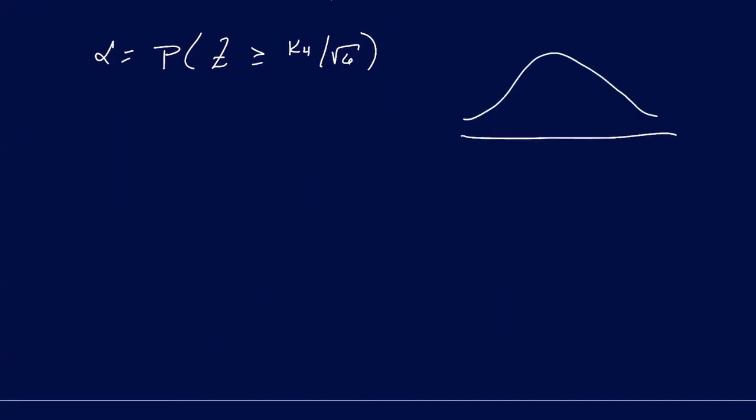Okay, let's pull it all together. I've got alpha is the probability that z is greater than or equal to k4 over the square root of 6. And are we given an alpha in this problem? No, it's just a generic alpha. So for the standard normal distribution, I want to be above some number with probability alpha.